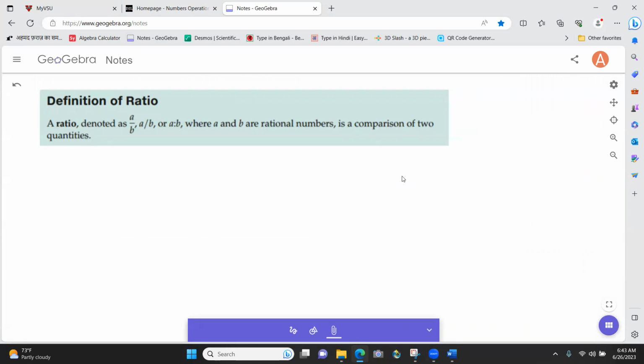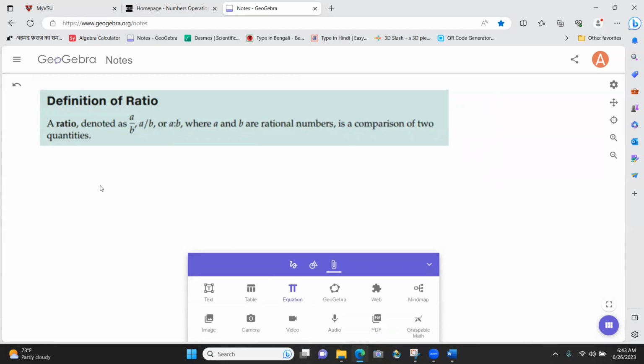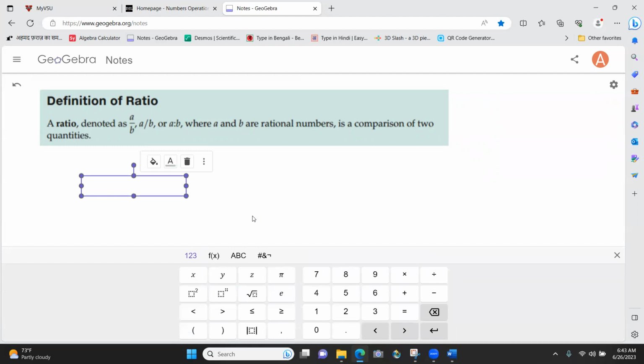So I can say the ratio of the students who were born in Georgia to the students who were born in Florida in a certain class, okay, is G to F. I know there were students who were born in other states, but we are just choosing these two states because these are neighboring states.